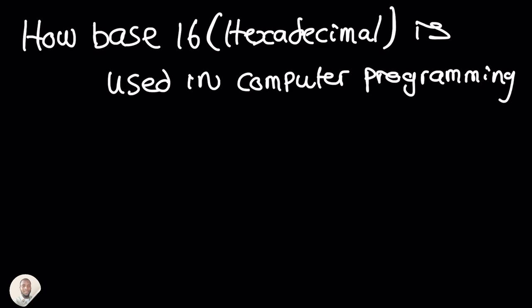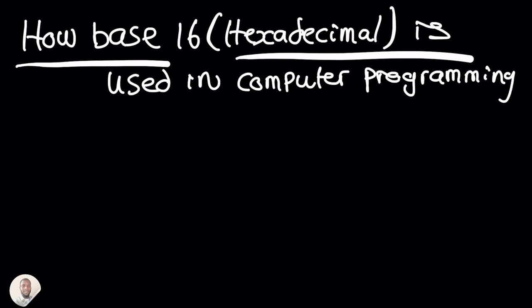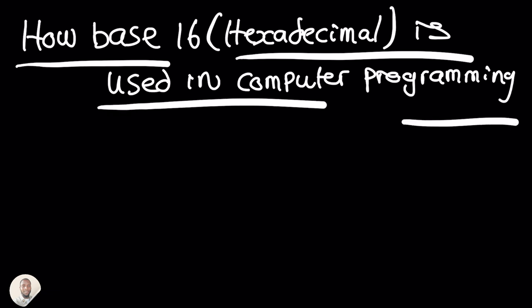Next, let's consider how base 16, which is also known as hexadecimal, is used in computer programming. Let's look at this scenario. Imagine you are a shopkeeper who sells bags of rice. Normally, you count using 1, 2, 3, and so on. But if instead of counting up to 10, which is our normal base 10, you counted up to 16.